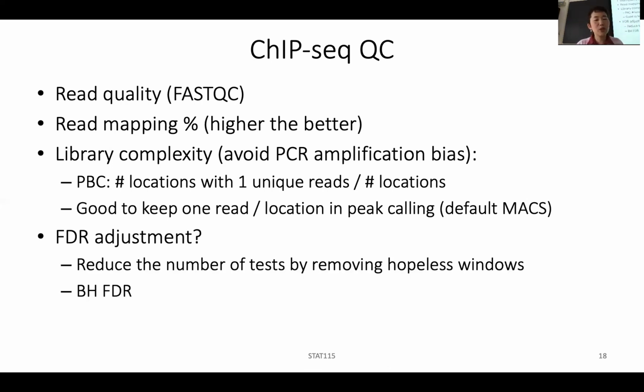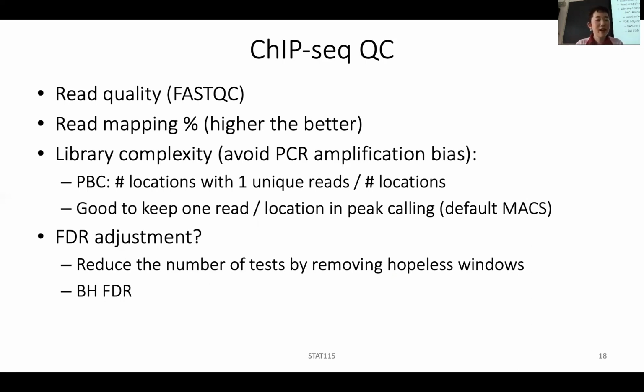In order to reduce the total number of tests, we really do not want to test every possible 300 base pair window in the genome. So instead, we look across the genome. If this region has too few reads, it's hopeless, right? The RNA-seq does the same thing. If the gene is not expressed in many samples, you just can't use that. If you can remove enough of those hopeless windows, then with your FDR, you can actually call more correct signals.